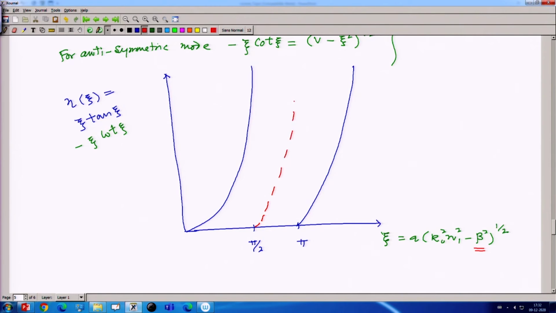So, this will give me the antisymmetric.